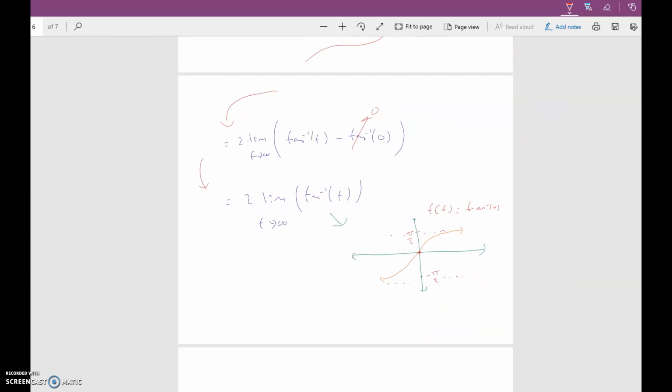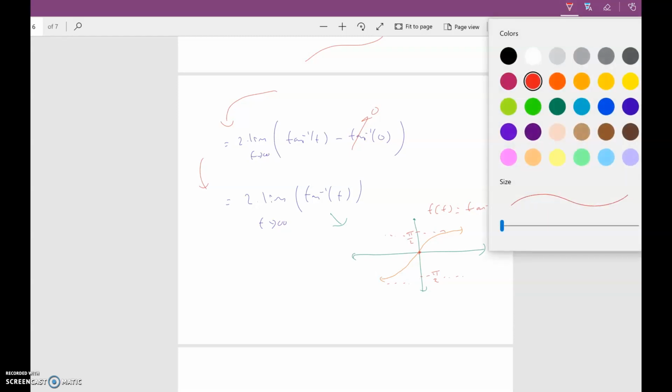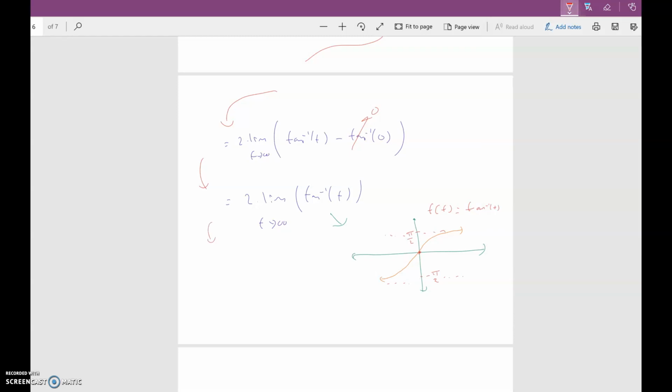So therefore, as t approaches positive infinity, we're going to get that this is equivalent to 2 times, and the limit happens to be pi over 2.